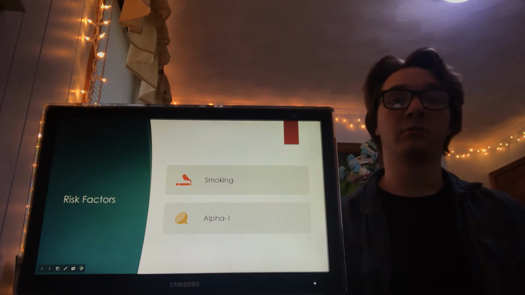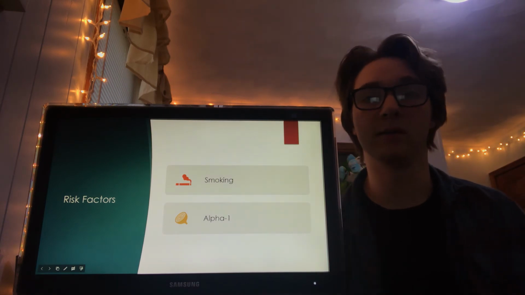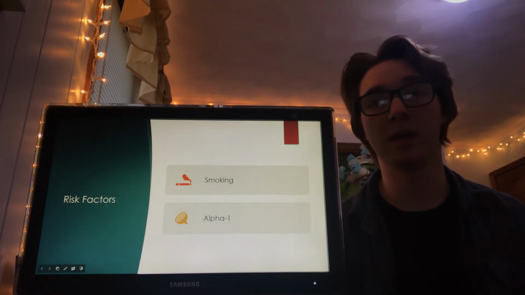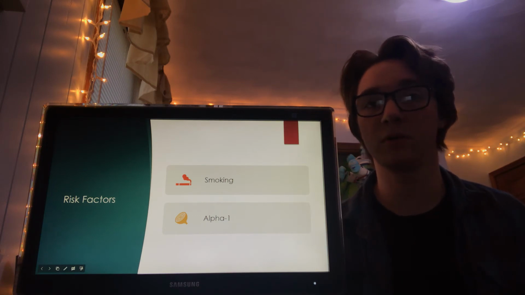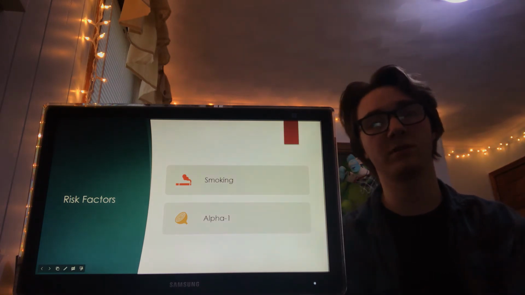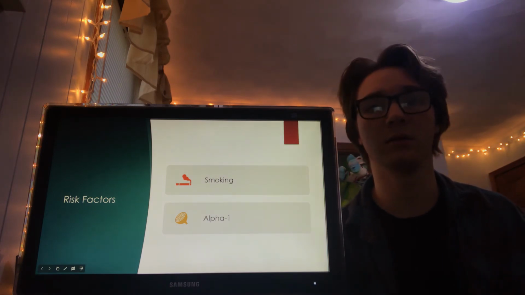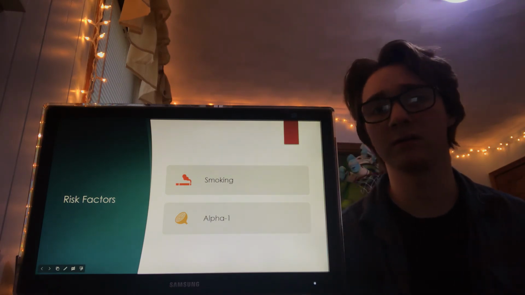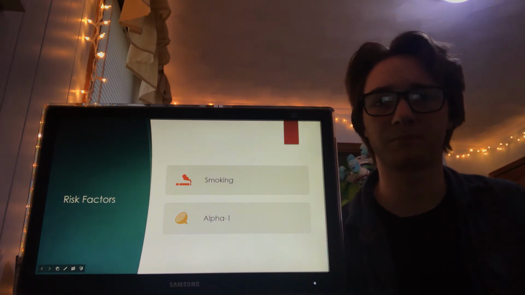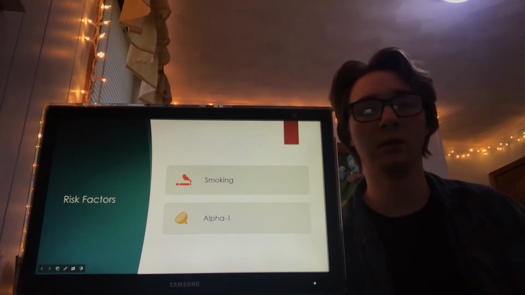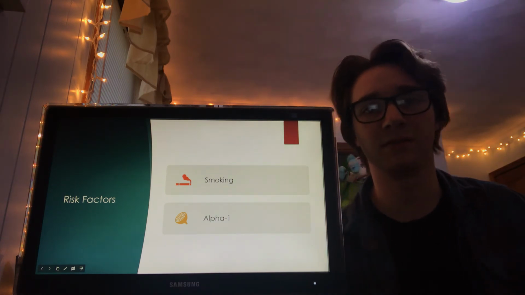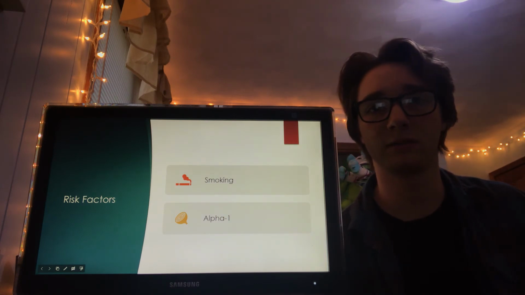Now, there are some risk factors to bronchitis. One main risk factor is smoking, and around 40% of smokers will develop bronchitis, any form of bronchitis, in their lifetime. And this is due to the nearly 7,000 toxins that are found in a single cigarette.